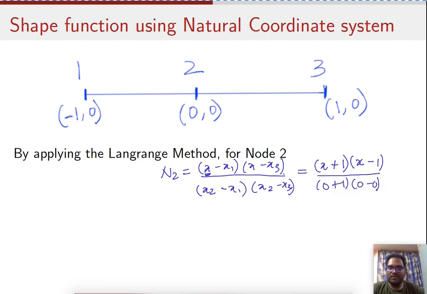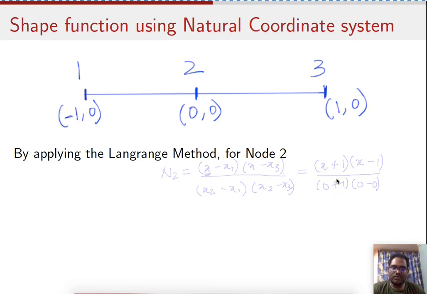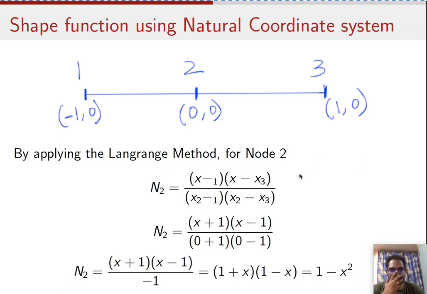Without further delay, look into the equation directly: x plus 1 into x minus 1 divided by -1. So you just do a small math. Here again it is a plus b into a minus b, so it is a square minus b square, or basically 1 minus x square. Now we have found out the shape function of the second node.